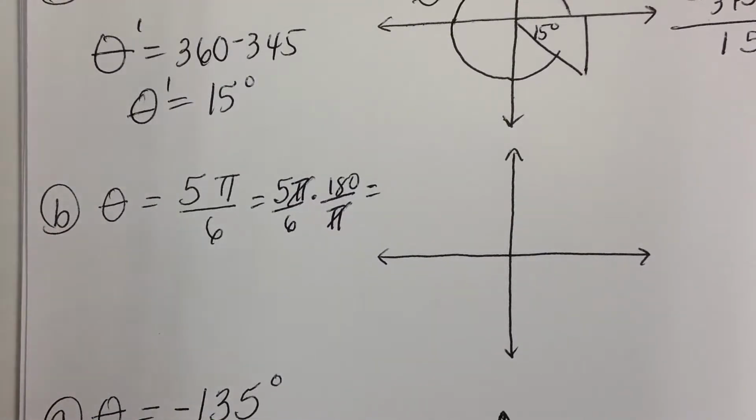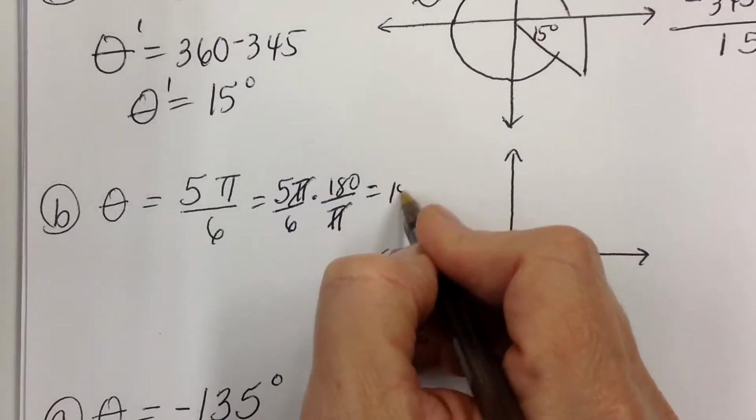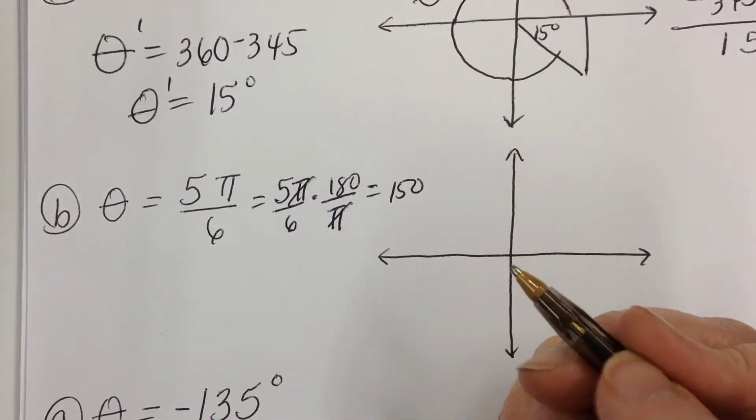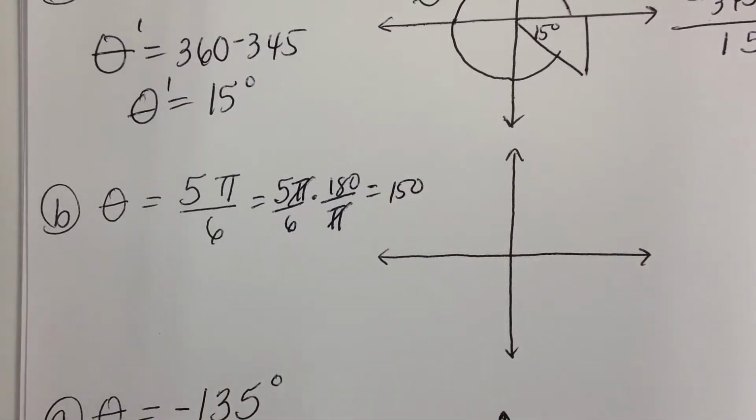If I multiply 5 times 180 and divide it by 6, I end up with 150.